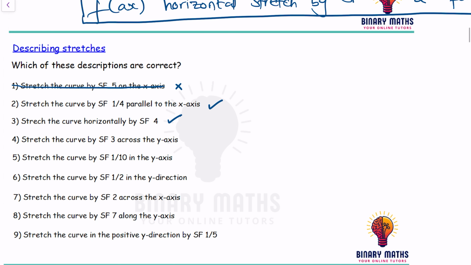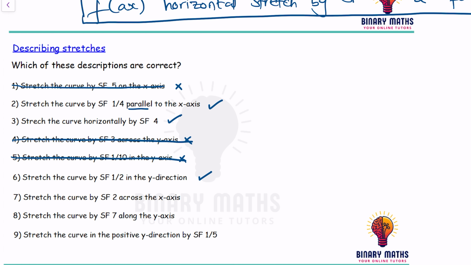So that is correct. Next one, stretch the curve by scale factor 3 across the y-axis. That sounds wrong to me. You can't have it across just the y-axis. Stretch the curve by scale factor 1 over 10 in the y-axis. Again, wrong. So the only thing that seems to work is parallel, yeah? Parallel to the x-axis. We'll cross these out as well. Next one, stretch the curve by scale factor half in the y direction. That is correct, because in the y direction means parallel to the y-axis.